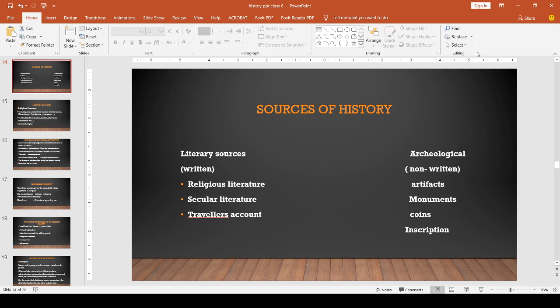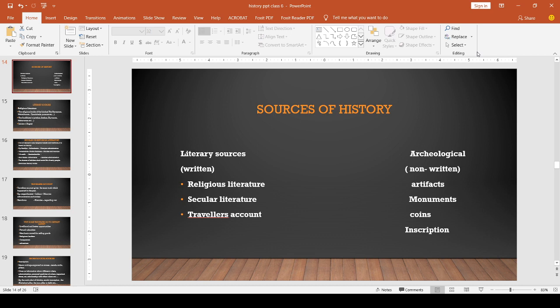These sources of history are classified into two: literary sources and archaeological sources. Literary sources means written documents. What are the written documents available for studying history? Ancient written documents, that is known as literary sources. And archaeological sources means it is not a written one.